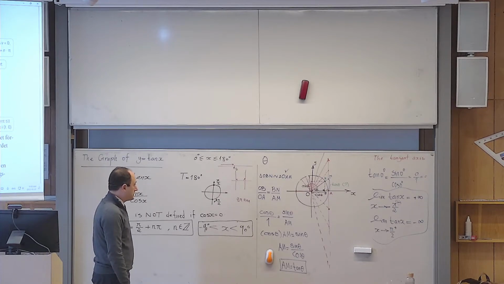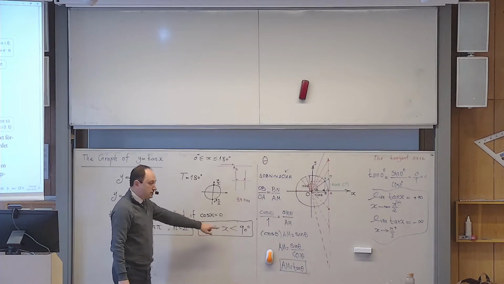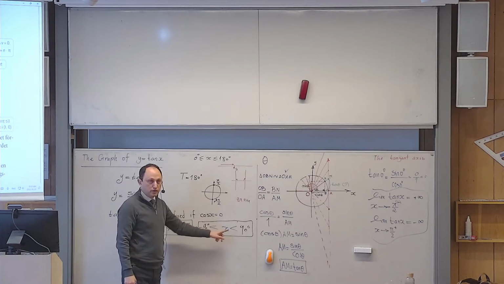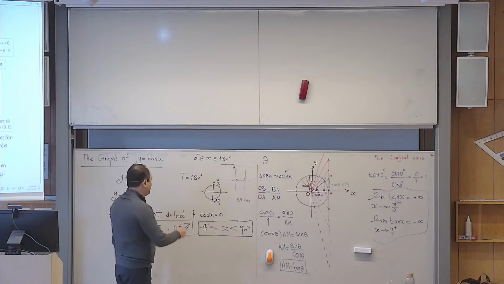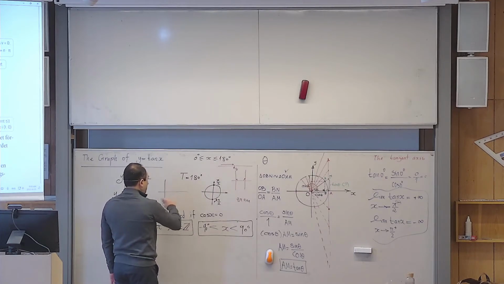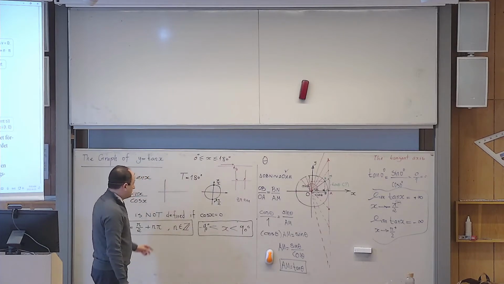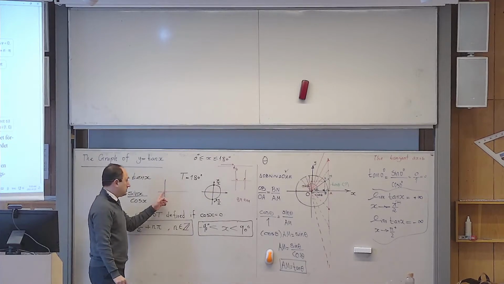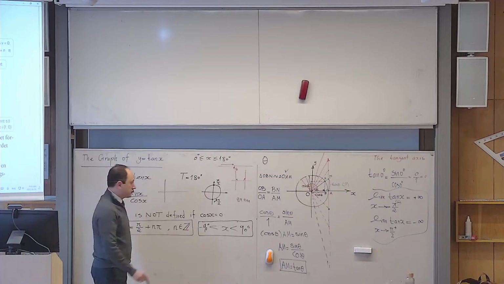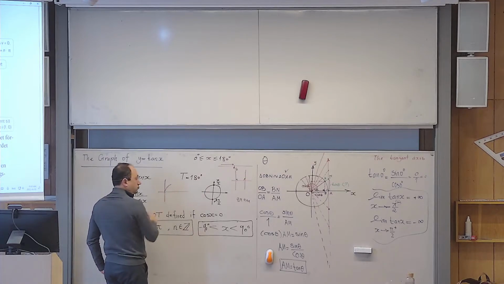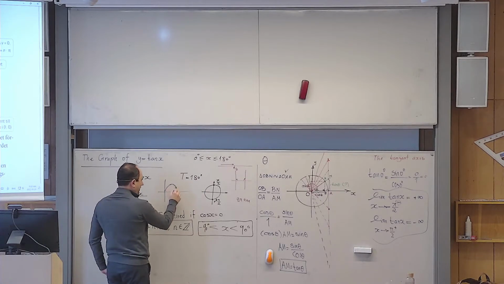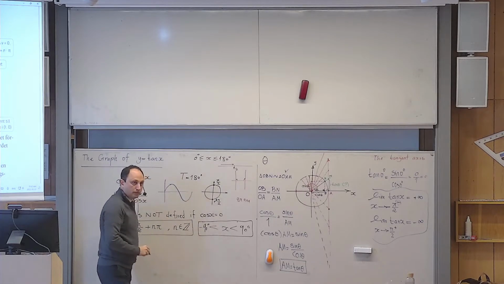Another thing that happens, because I am interested in this interval now from minus 90 to 90, so for example, you realize that in one period, the sine and cosine functions are going up and down. For example, the sine function goes up to here, and then turns back and goes down up to here, then again it starts going up.